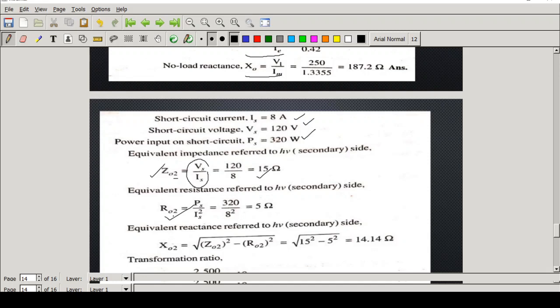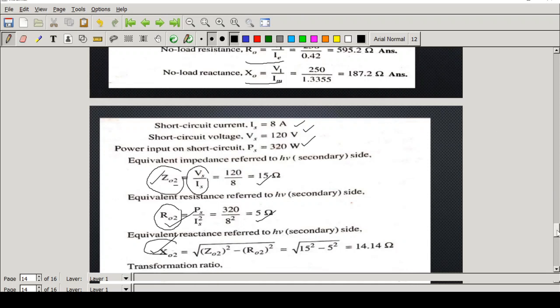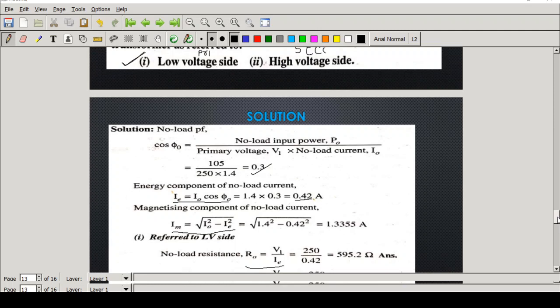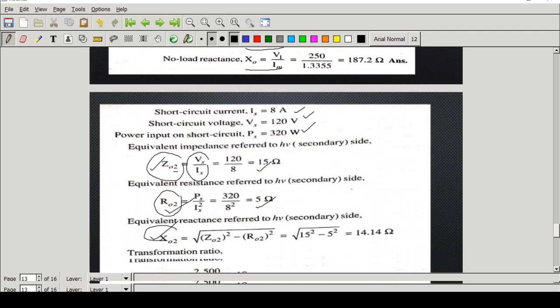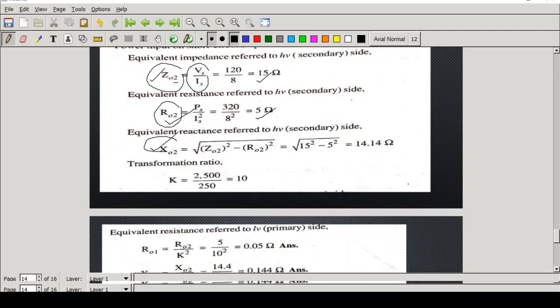Here you can see R02, which means equivalent resistance in the secondary. That also we will get, and from this we can find X02. Now we have to convert Z02, R02 and X02 to the primary side, because it is written here to the low voltage side. The low voltage side is primary. Okay, so we are moving further and we will find the transformation ratio.